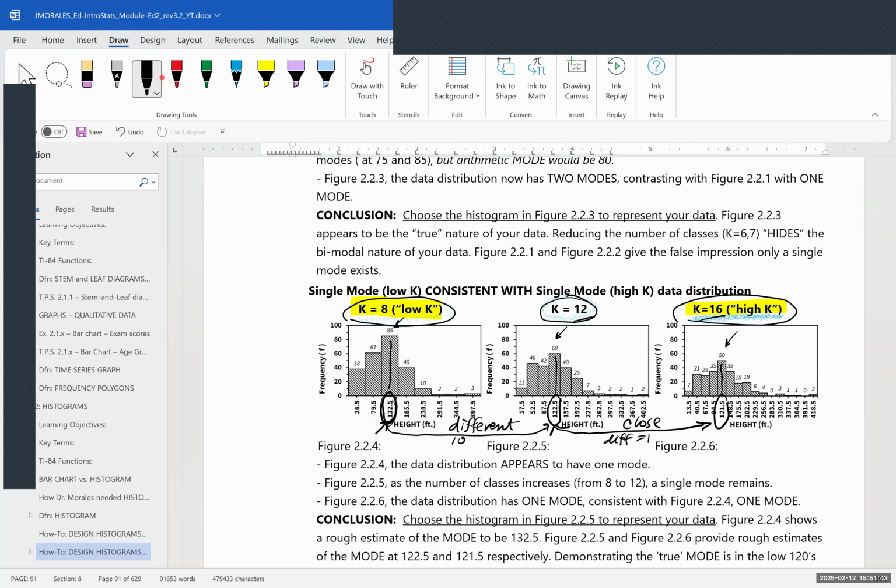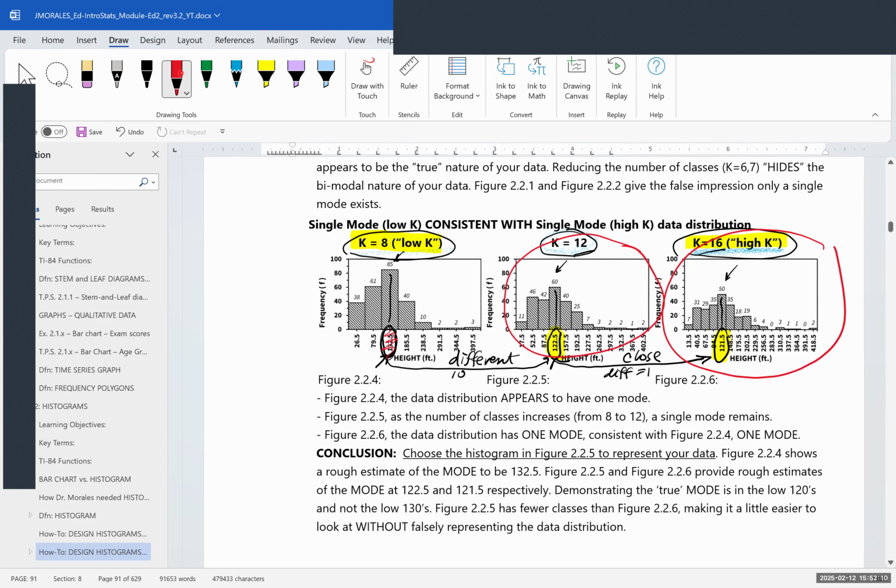So what this is indicating to me is that even though each of these is showing a single mode, that single mode appears to be closer to the low 120s than it is to the low 130s. So the more ideal histogram that I would choose would be either this one or this one.